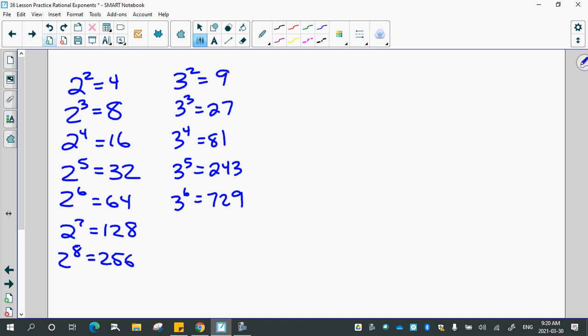Okay? 4 squared is 16. 4 cubed is 64. 4 to the 4th is 256. 4 to the 5th, I don't know what you had. 1024 maybe? Yeah. And that's about as much as you'd be responsible for with fours.